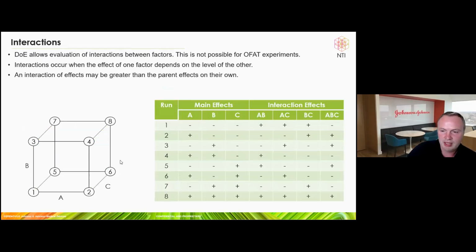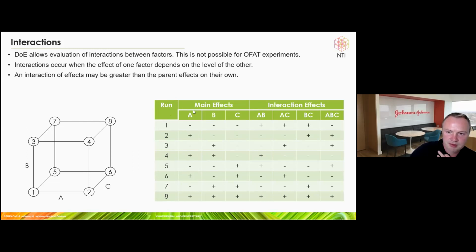However, the other additional benefit to design of experiment, which you don't get from one factor at a time, is not only do you see these main effects from the main terms, but you also see interactions between effects. And this is back to what I was saying earlier, where you explore the full design space.